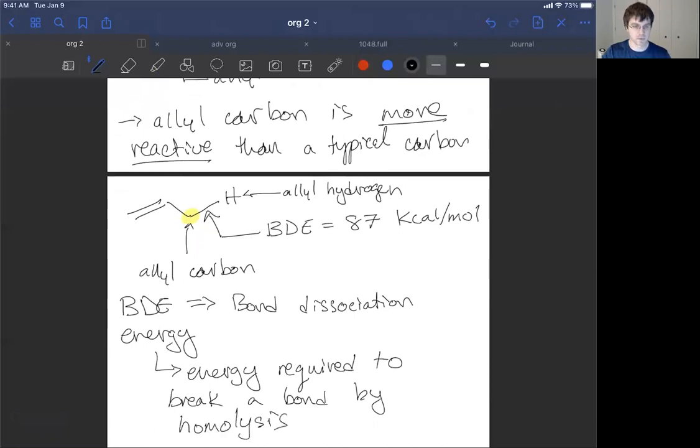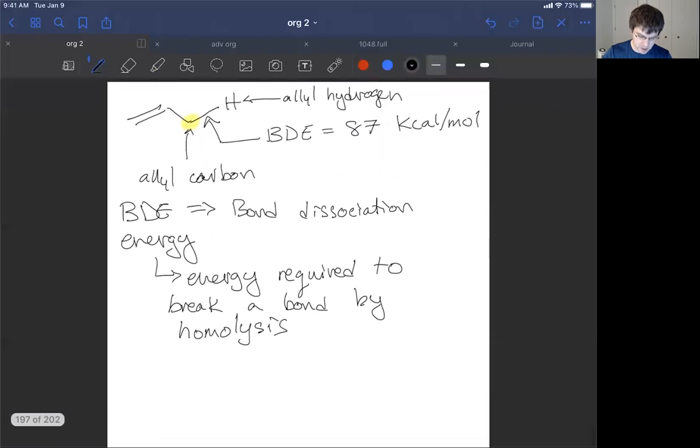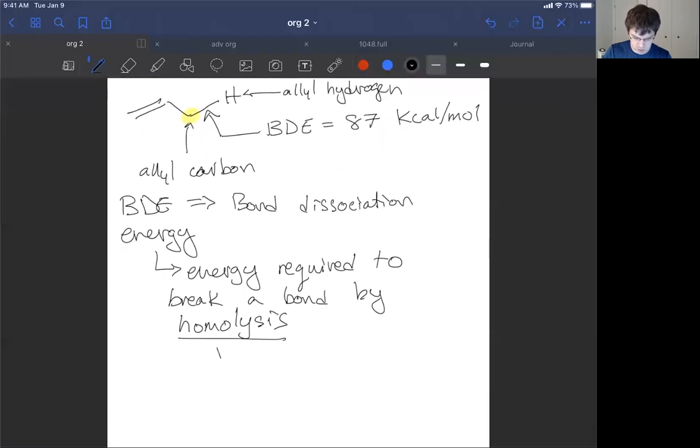Energy required to break a bond by homolysis. And so homolysis is our bond breaking event where both sets of atoms that were once bonded together have the electrons. So if we have A bonded to B, they could undergo homolysis and one electron goes to either side, and we could use fishhook arrows to show the movement of one electron, and we get two free radicals out.